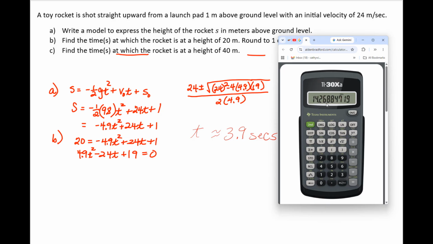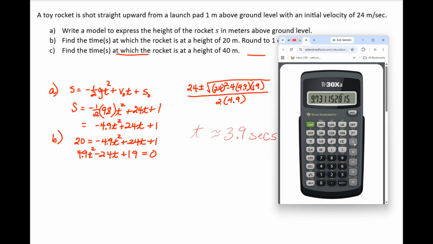So to change this positive number to a negative number, I'm going to come down to this little key right here at the bottom that has a plus and a minus with little arrows around it, and that will make it negative. Now I can add that to 24, so plus 24. Hit equals, and that gives me the whole numerator. Now I'm going to divide that by the denominator.